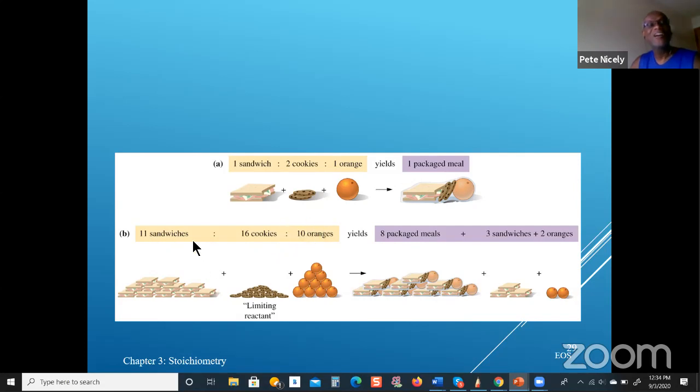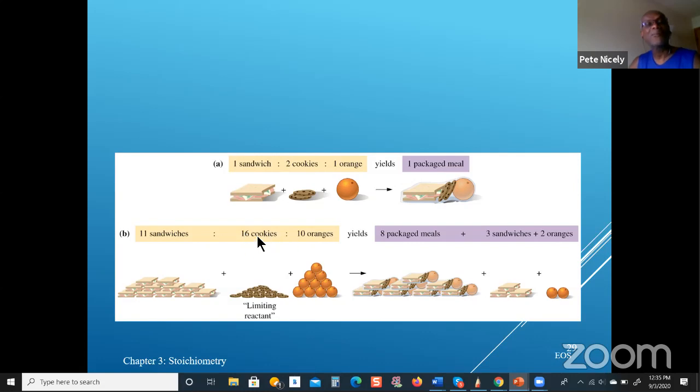So therefore, we know that not all the sandwiches will be used up to make as many packaged meals as possible. If you look at things from the standpoint of the oranges, 10 oranges will require 10 sandwiches, which is fine because we have 11, but it will require 20 cookies. We don't have 20 cookies, we have 16 cookies. So we know that not all the oranges will be used up.